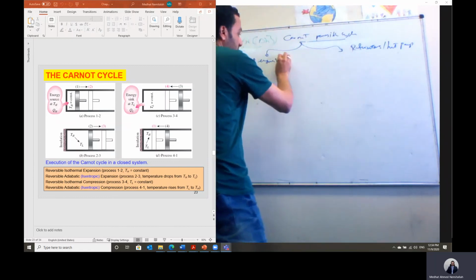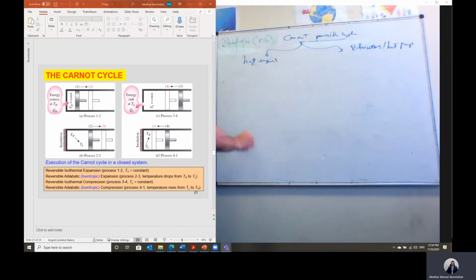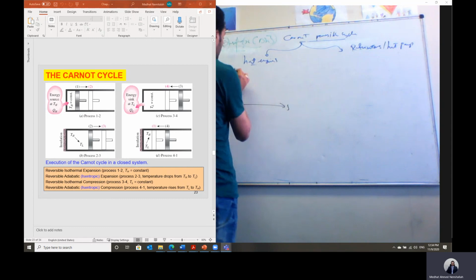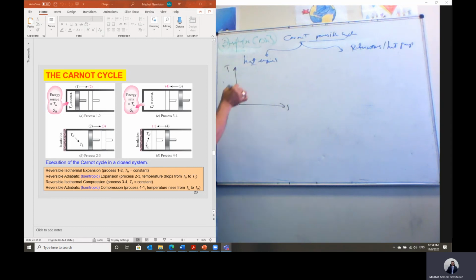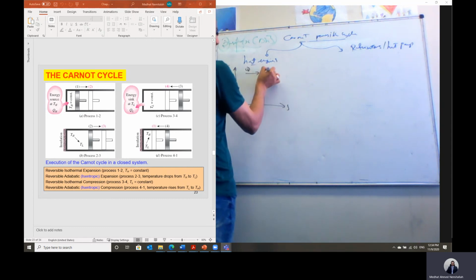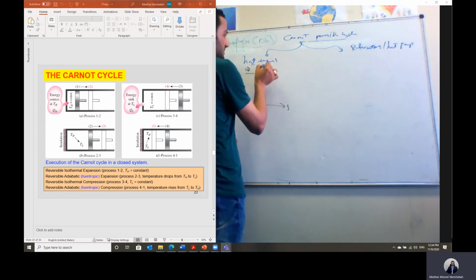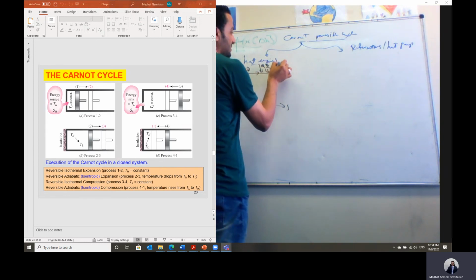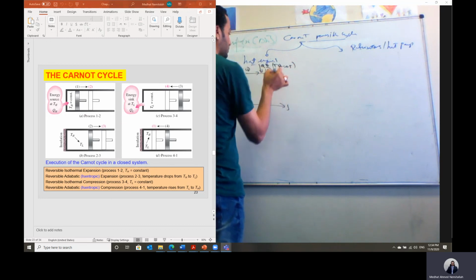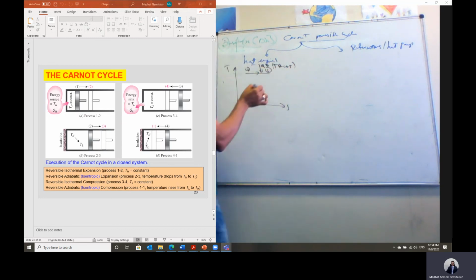Instead of converting heat into work in the heat engine, we convert work into heat in case of the refrigeration cycle. If we look at the heat engine on the TS diagram, process from 1 to 2 is the heat added in the boiler, Q high, and T high is constant for the process from 1 to 2.